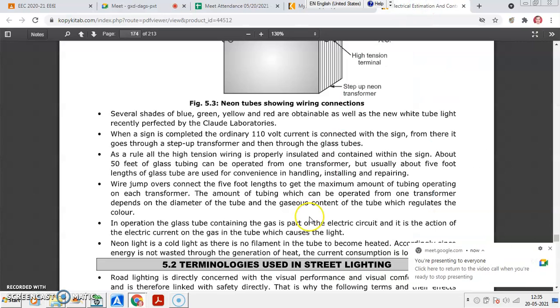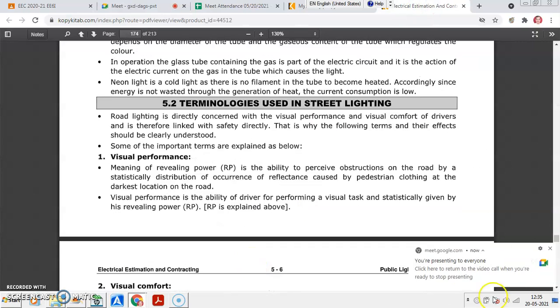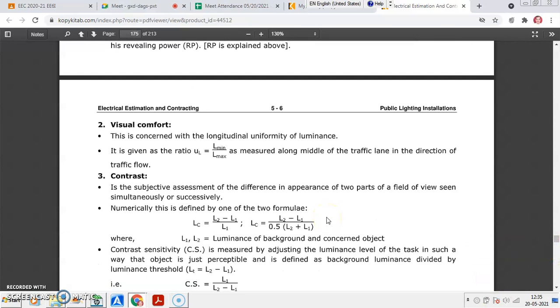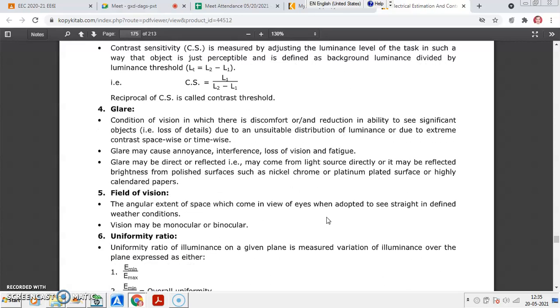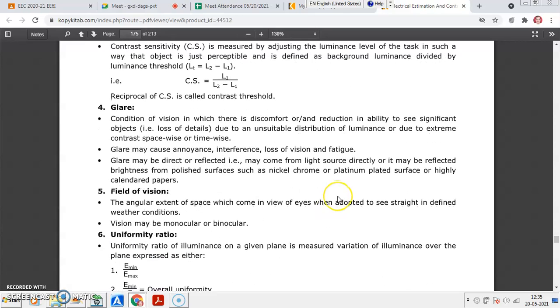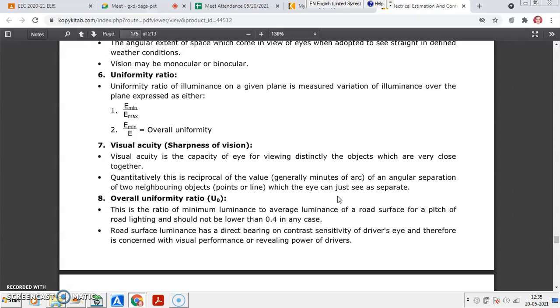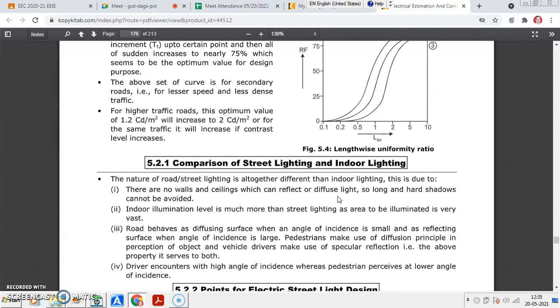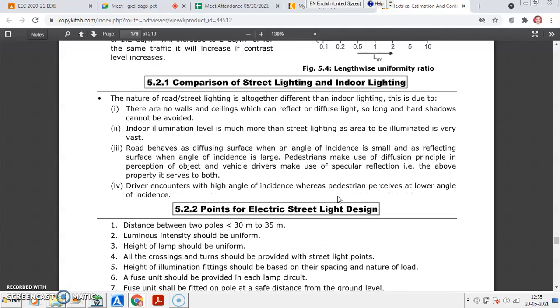Then we have seen some terminologies related to street lighting: visual performance, visual comfort, contrast, glare, field vision, uniformity ratio, visual acuity, overall uniformity and overall uniformity ratio. And we have seen some comparison between the indoor and outdoor lighting.